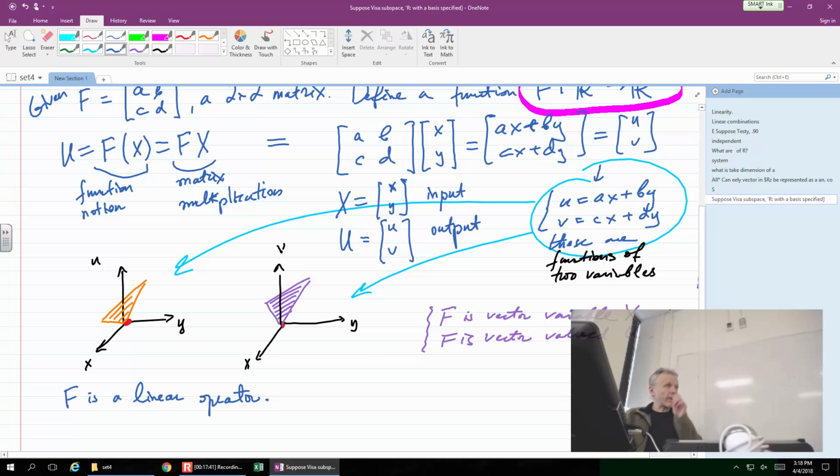It has been defined as such a function that preserves linear combinations. Where does that conclusion come from? It comes from what we know about matrix multiplication. So for example, if I have f of x plus y, it is equal to F(x plus y).